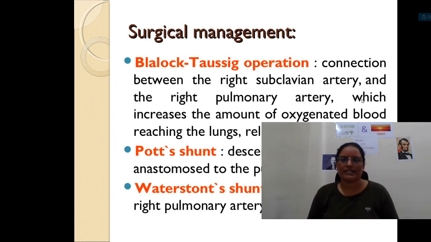What happens in this? A connection between the right subclavian artery and the right pulmonary artery, which increases the amount of oxygenated blood reaching the lungs, relieving cyanosis. Then Potts shunt, where the descending aorta is anastomosed to the pulmonary artery, and Waterston's shunt, where the ascending aorta and right pulmonary artery are anastomosed.